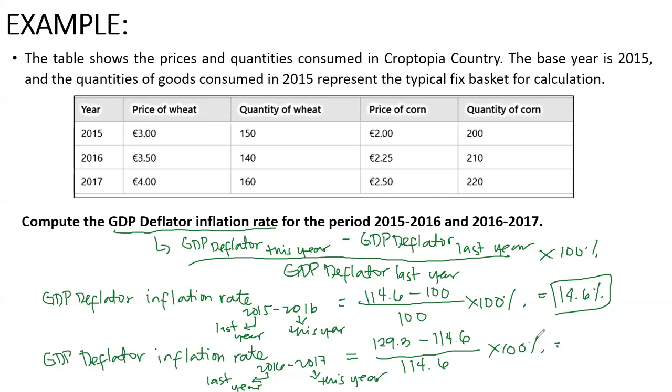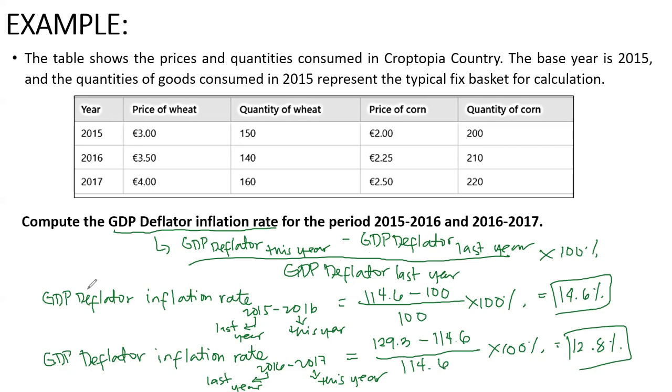If you compute the answer using your calculator, we have 12.8%. So this is our GDP deflator inflation rate for 2016 to 2017. At some point, the values are close to the inflation rate using the CPI.